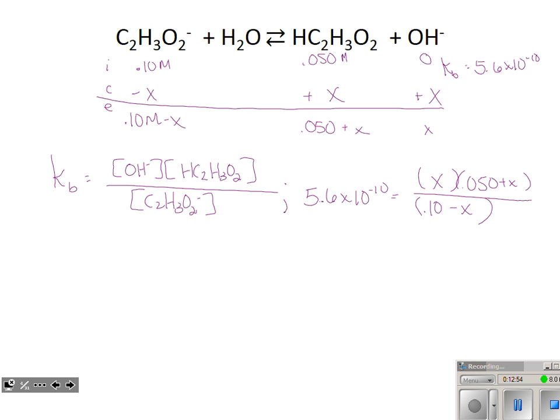And of course, we are going to neglect the change in x and say that it approaches 0, and it's so small, it's not going to change those numbers. And in doing so, we can solve for our concentration x, which we know is our hydroxide ion concentration. So take a minute to do that.